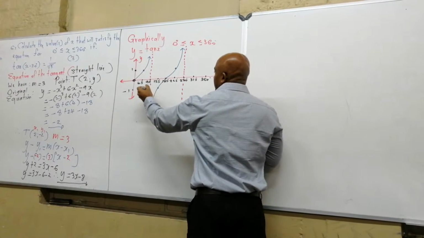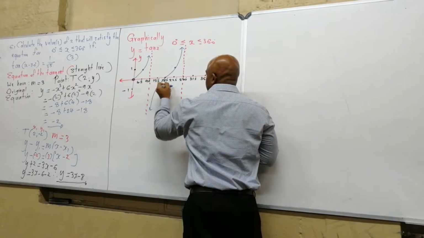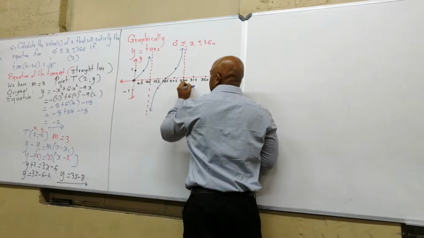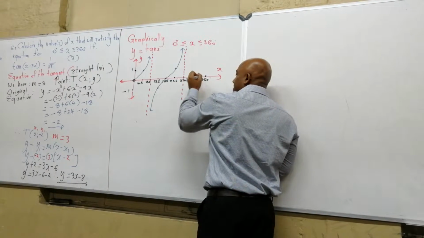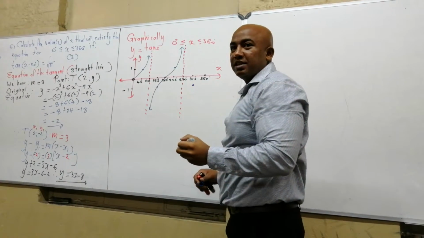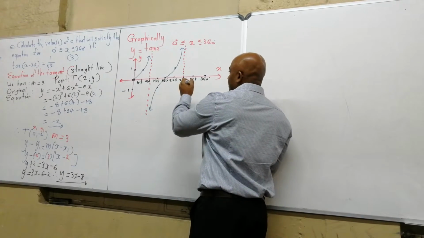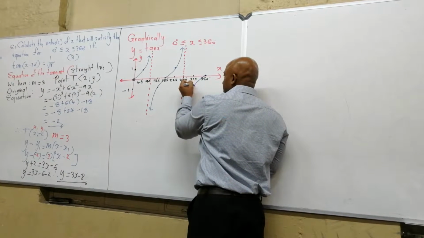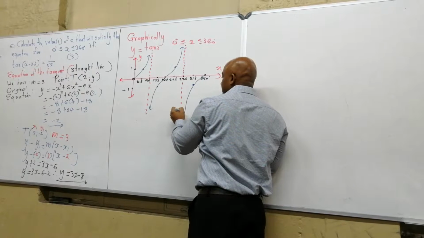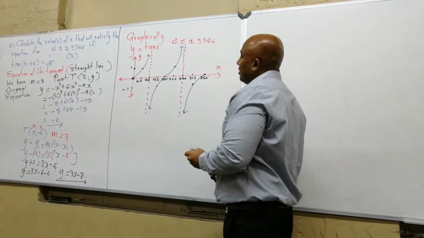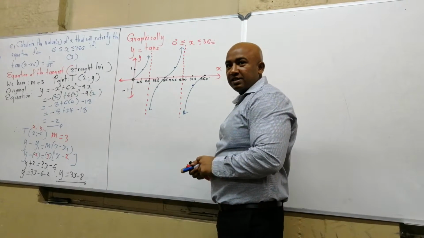At 315 degrees, what's happening at 315? Negative 1. At 360 degrees, what's tan of 360 degrees? 0. So, there is your graph. This is the graph for y is equal to tan x.